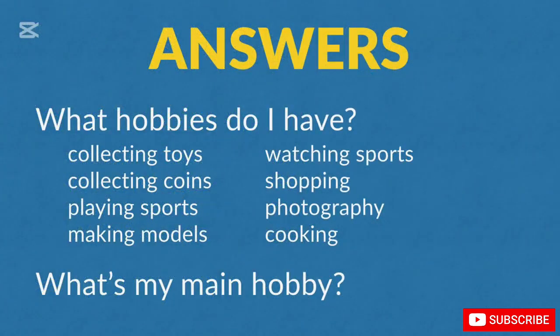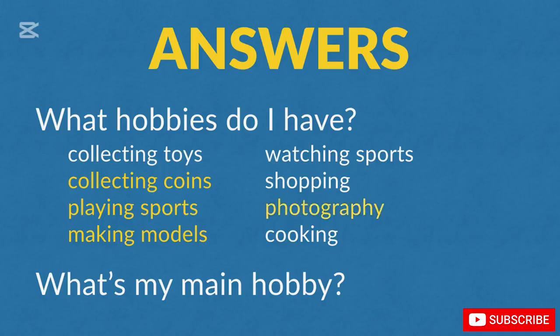So, did you get the answers? If you didn't, then listen to this video again. If you did get the answers, well, here they are. So what hobbies do I have? Collecting coins is one of them. Playing sports. Making models like model aeroplanes.